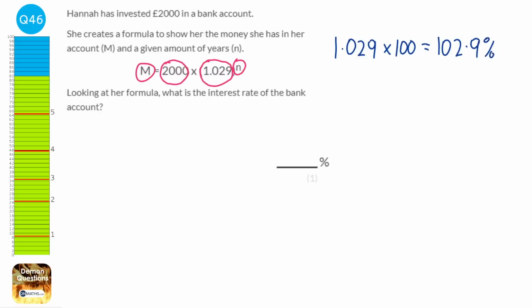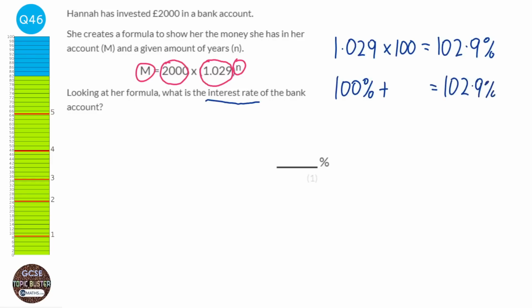102.9%. Now it says, what is the interest rate of the bank? Well, this 102.9% is 100% plus the interest rate, which will equal the 102.9%. So the interest rate is going to be the 2.9%.